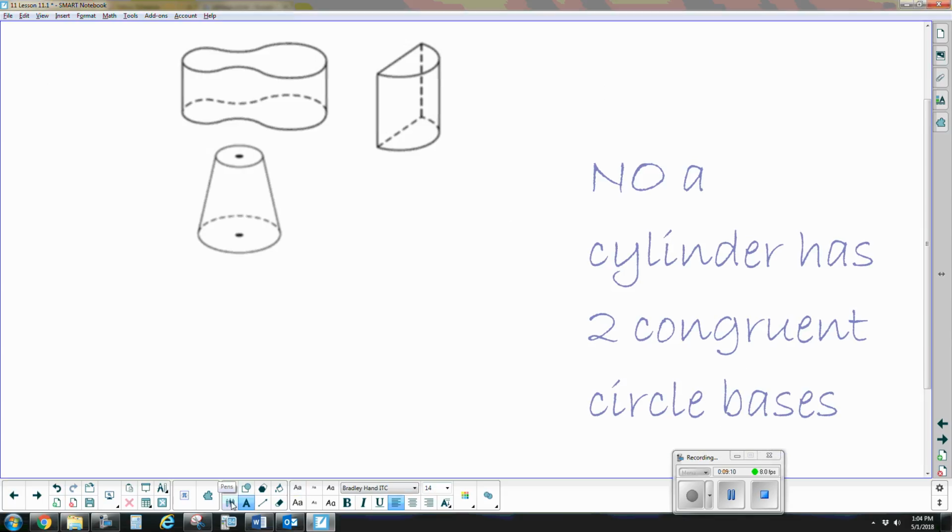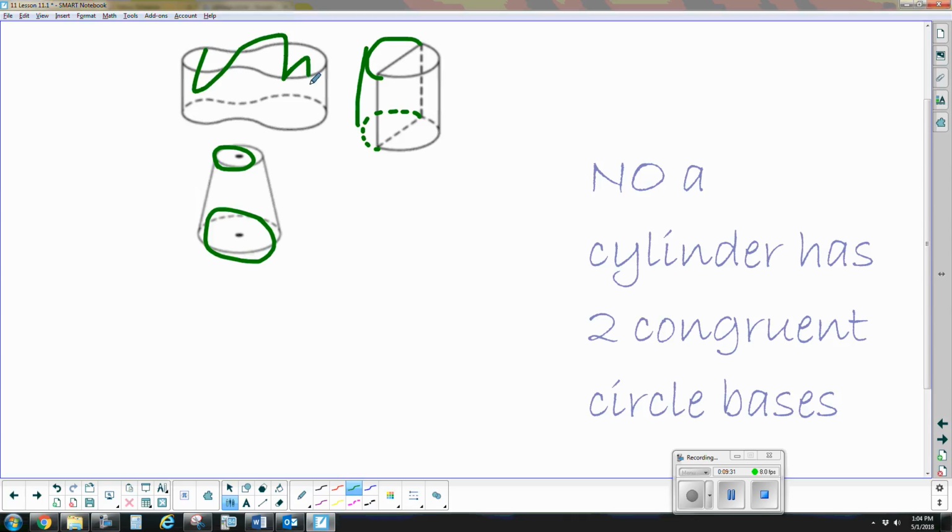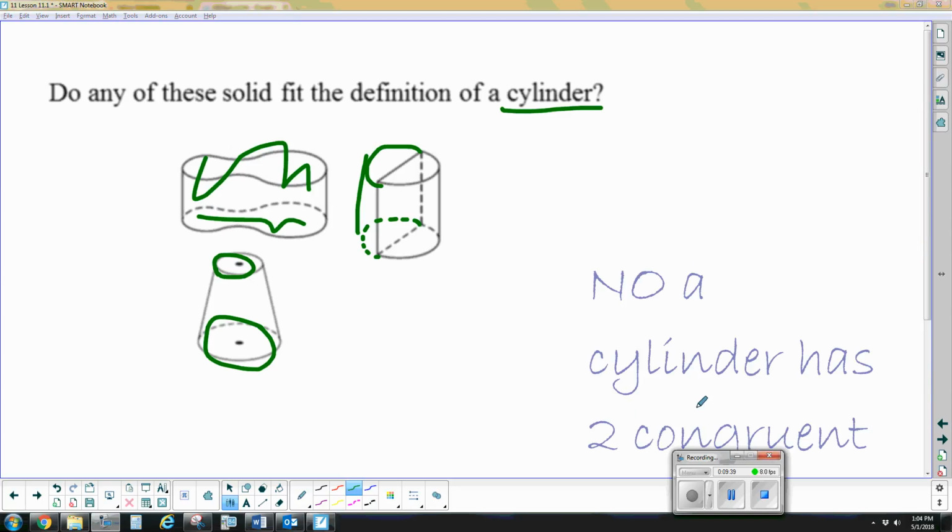The only one that has 2 circles as a base is this one, and these 2 circles are not congruent. This one is almost a cylinder. It's only half of a cylinder though. We need this other half of the base in order to make this a complete cylinder. This one, not a circle, not a circle. So a cylinder is defined as having 2 congruent circle bases.